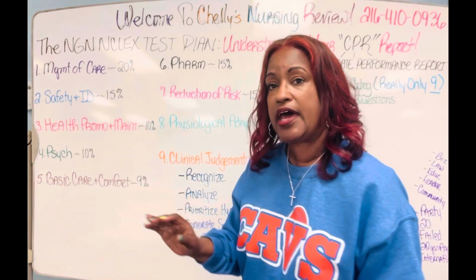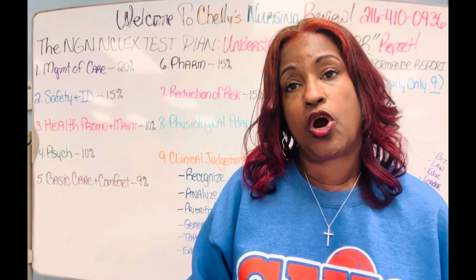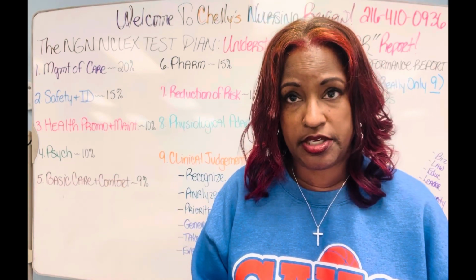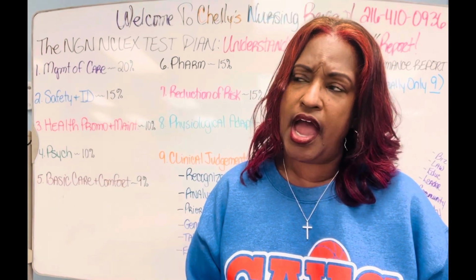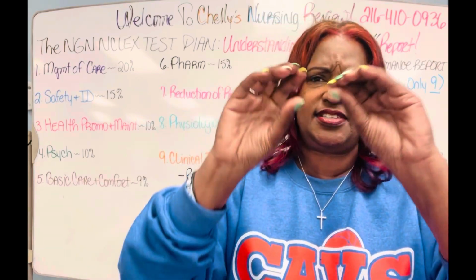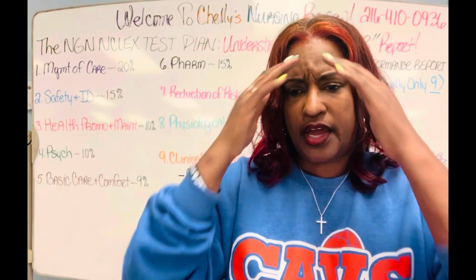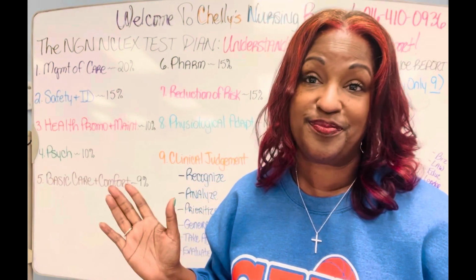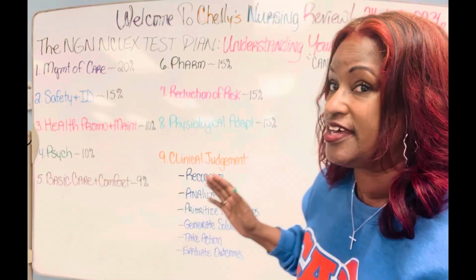The next category for your NGN NCLEX test plan is called clinical judgment. This is kind of confusing to students because I see that category and they're like, well, what is that? Well, it's really your case studies, right? So watch this.